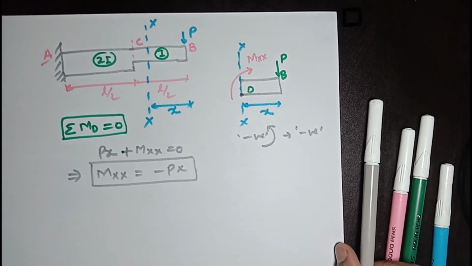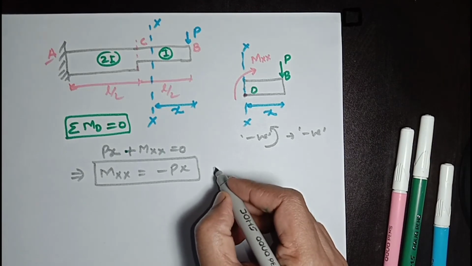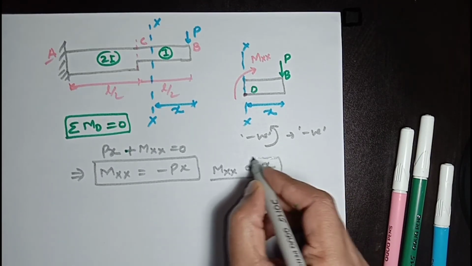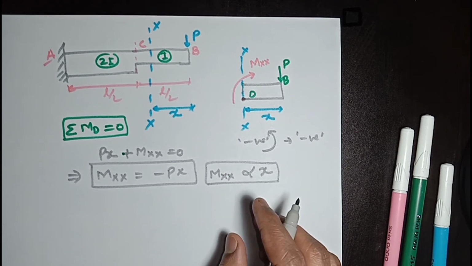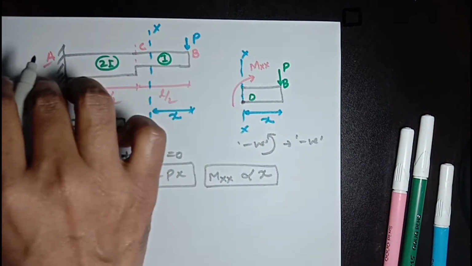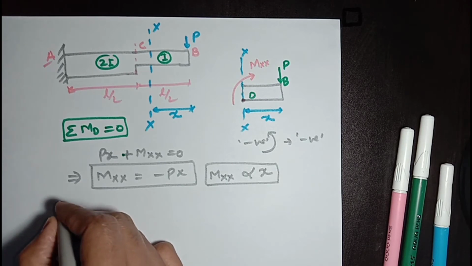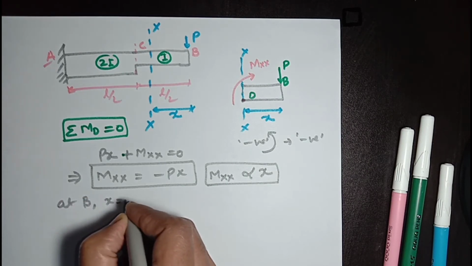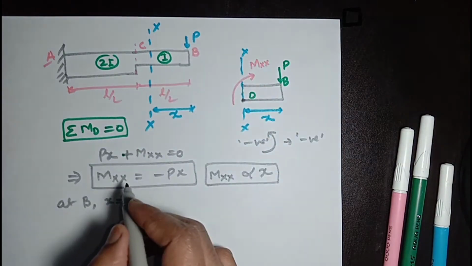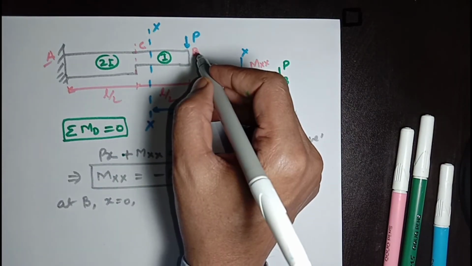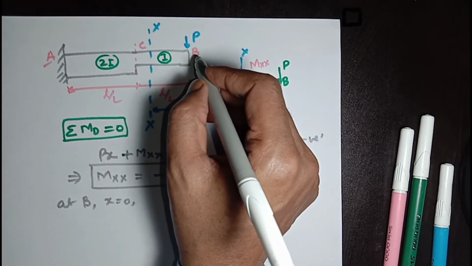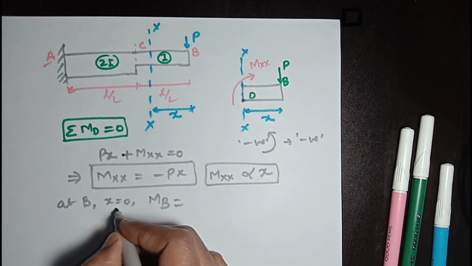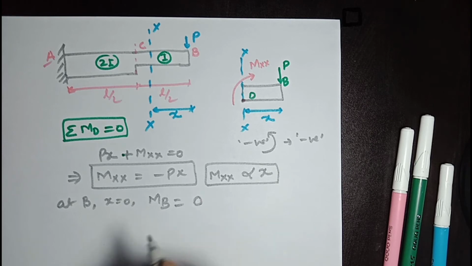We see here that the moment Mxx is directly proportional to x. That means it is linearly varying from point B to point A. At B, x equal to 0, so we designate the moment at B as MB, and MB will be 0.